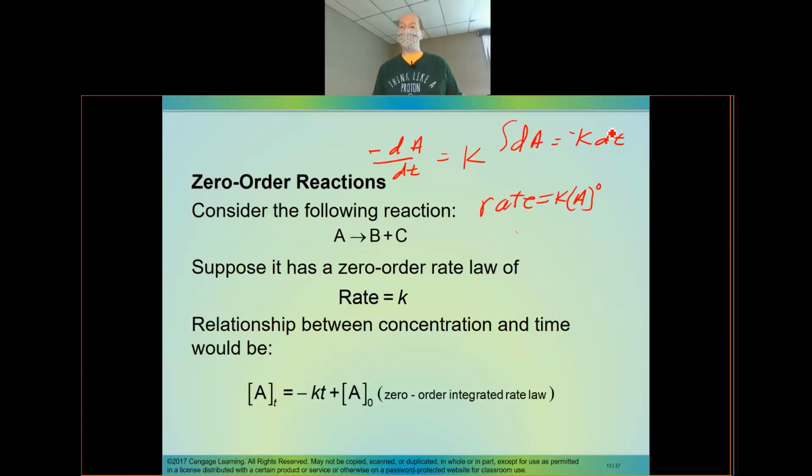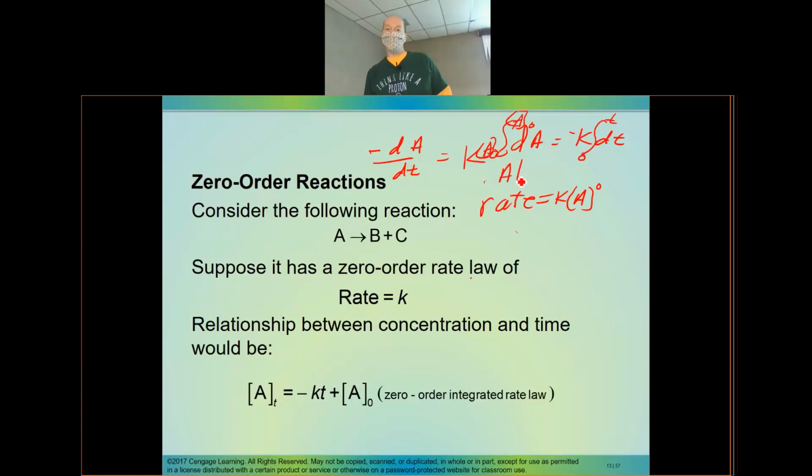So we integrate it from A initial to A at time t, and from 0 time to time t. All right, and so then for your integration, if it's dx, you would have x.